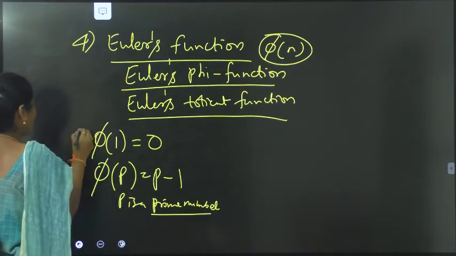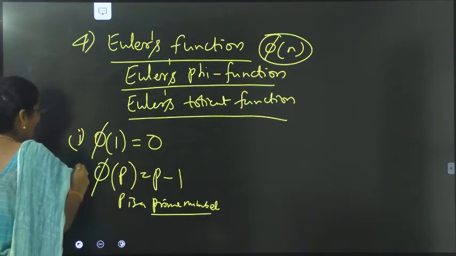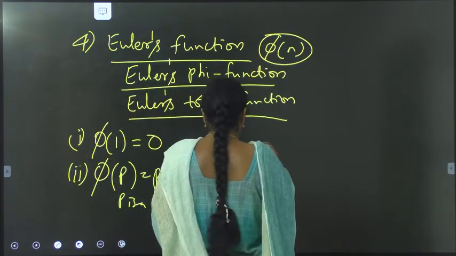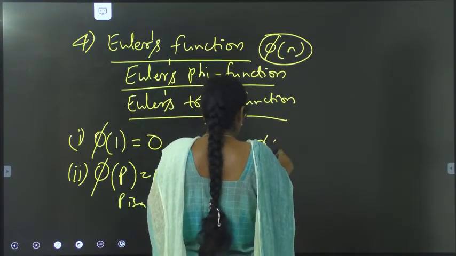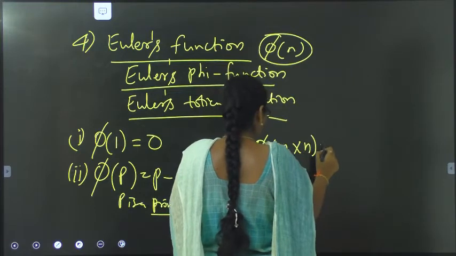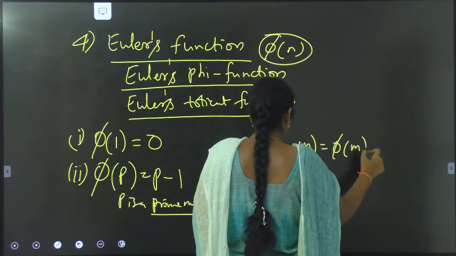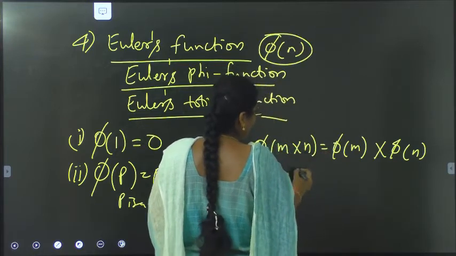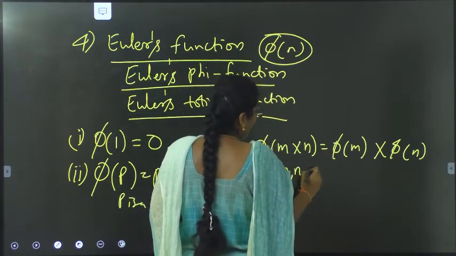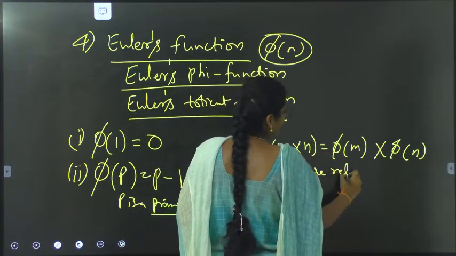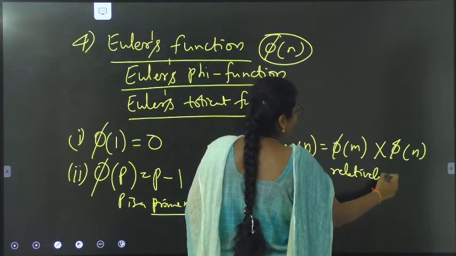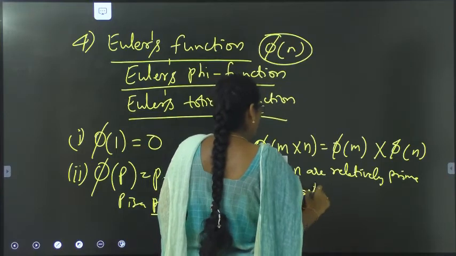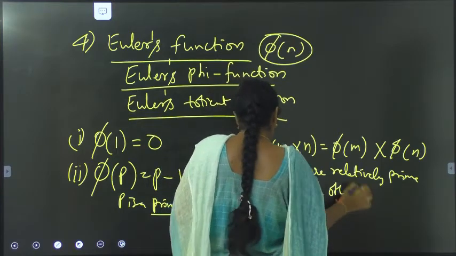So first point in this is phi of 1 equal to 0. Second point is phi of p equal to p minus 1. And finally third point is phi of m into n equal to phi of m into phi of n. Here m and n are relatively prime to each other.